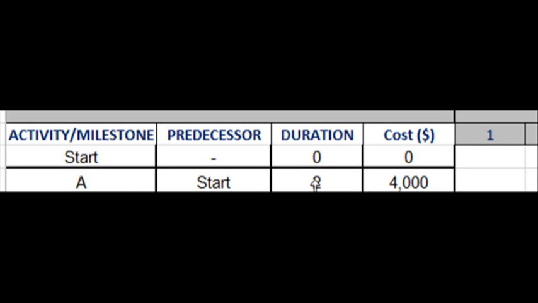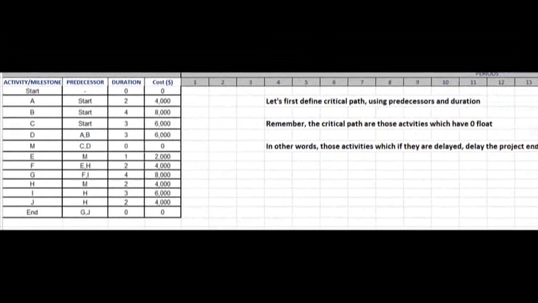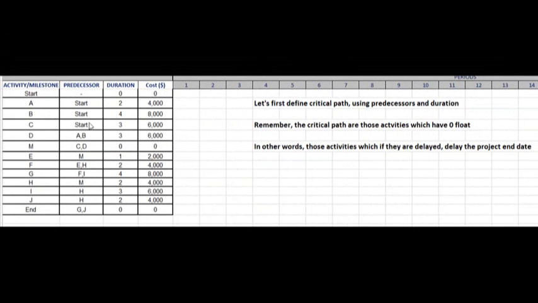So here's our project. We have what appears to be 10 activities and 2 milestones, M being a milestone and the end being a milestone. As we use this data, we want to first define the critical path using our predecessors and our duration.